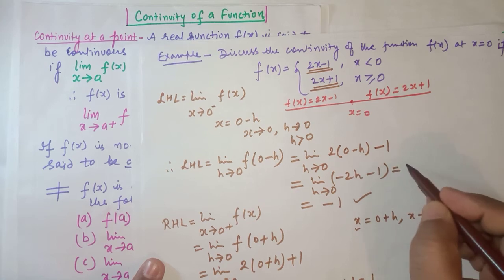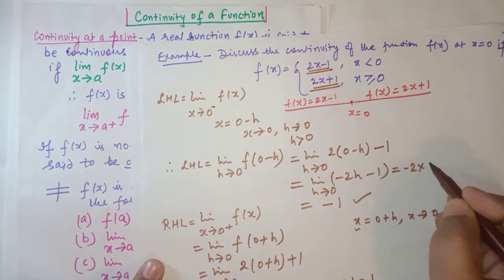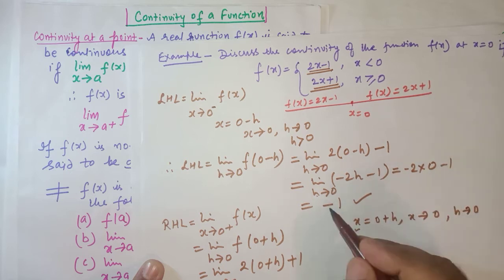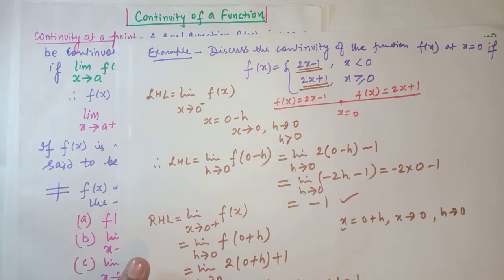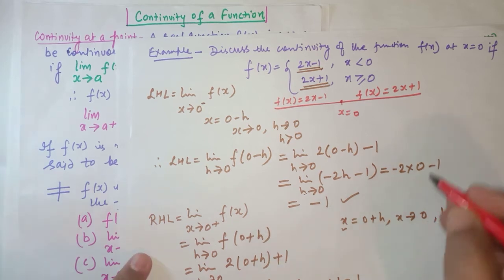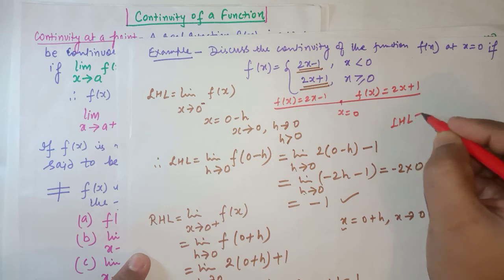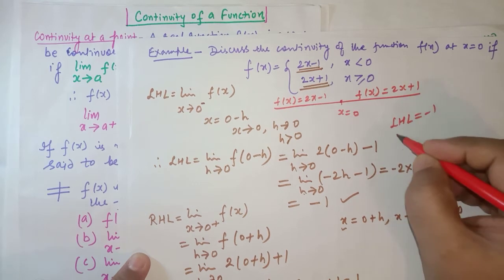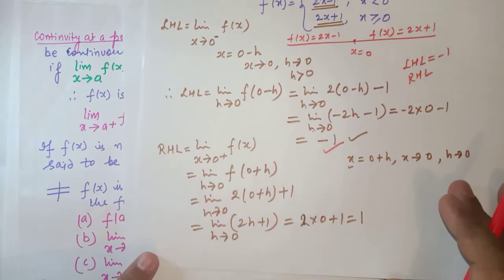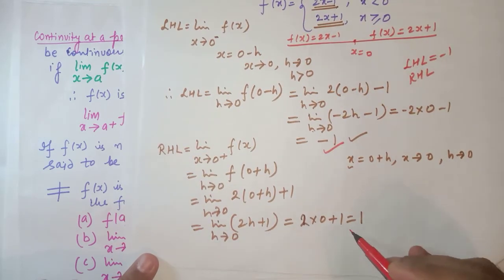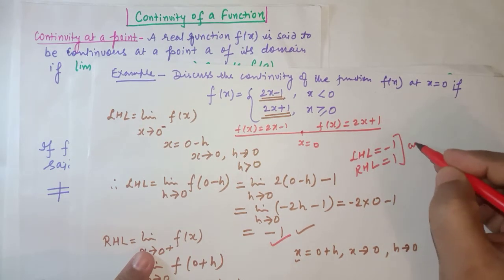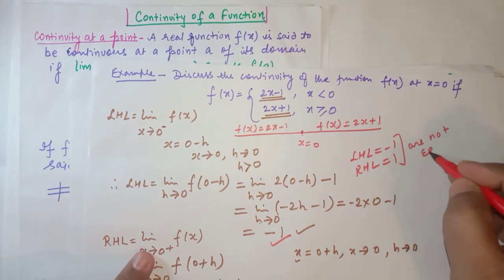Similarly here we have minus 2 multiplied by 0. When we substitute h equal to 0, we have minus 1. So viewers, here we see that the left hand limit is minus 1 and the right hand limit is 1. These two are not equal.